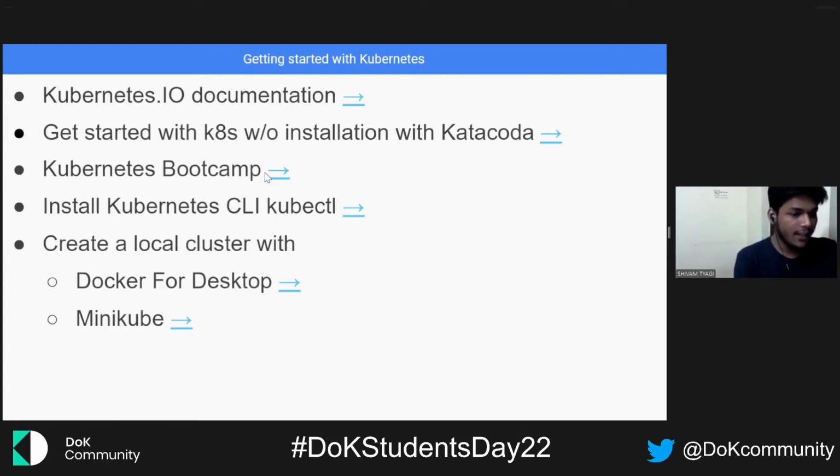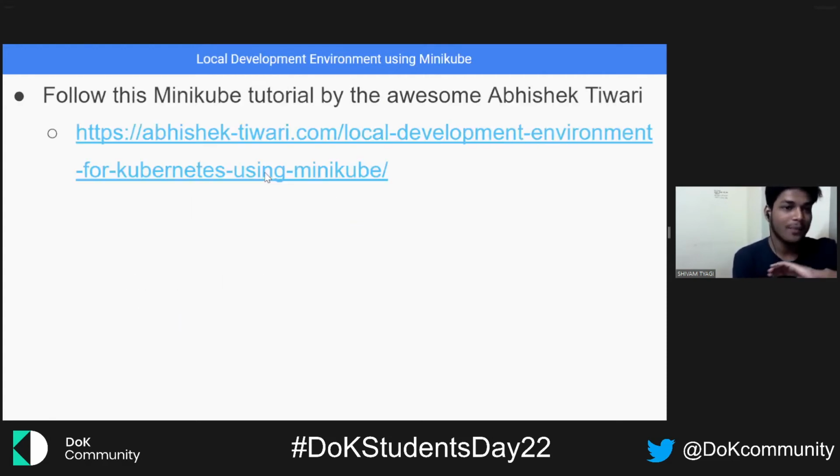Running Kubernetes on your local system would basically require two things: you need to set up minikube and have Docker Desktop. If you have kubectl, if you have these things set up, you are all good to go with Kubernetes. All right.